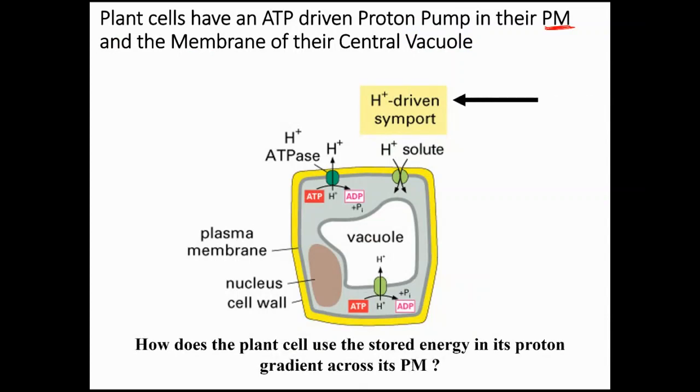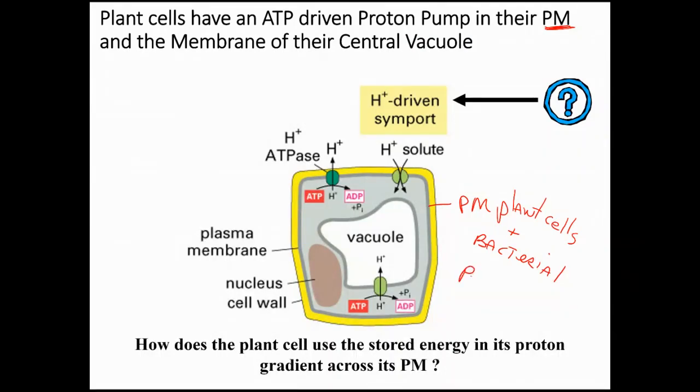Remember, they don't have a sodium-potassium pump, and so therefore the plasma membrane of plant cells and bacterial cells is not a sodium gradient, but it's actually a proton gradient.